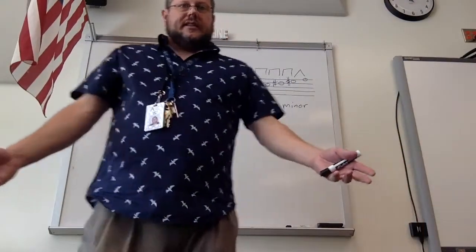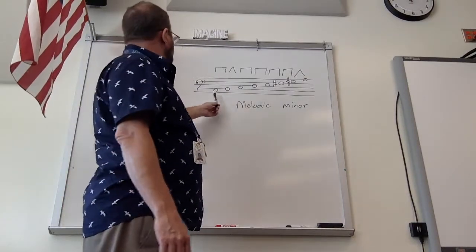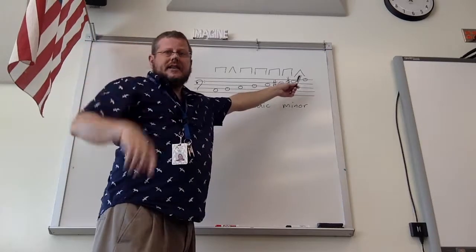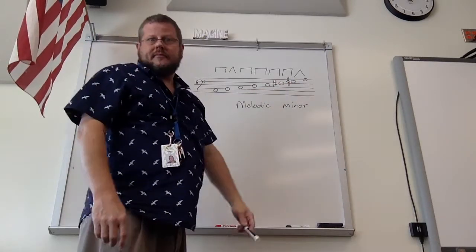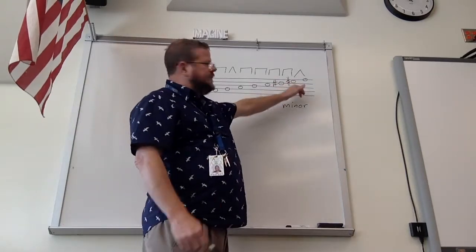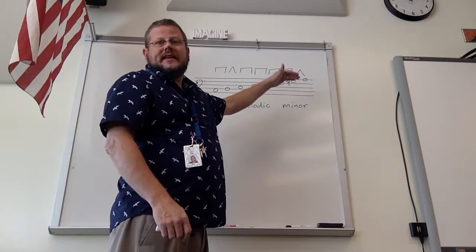Sounds like a major scale at the end, right? La, ti, do, re, mi, fi, si, la. And if we're in La-based minor, we would say fi, si, because raised fa is fi, raised sol is si.